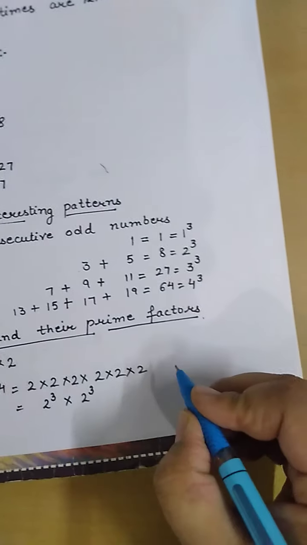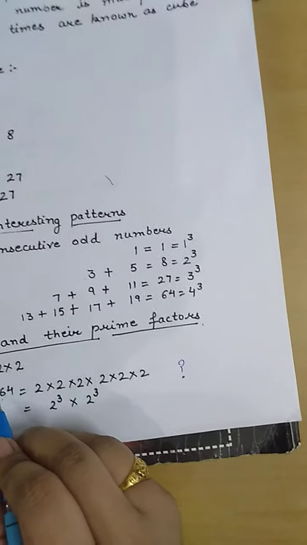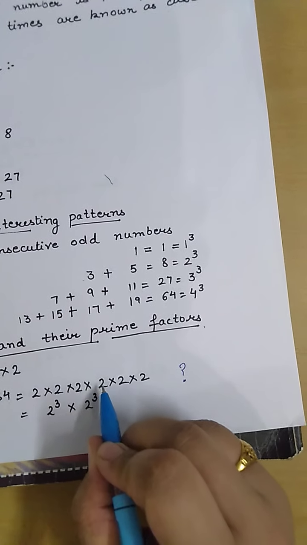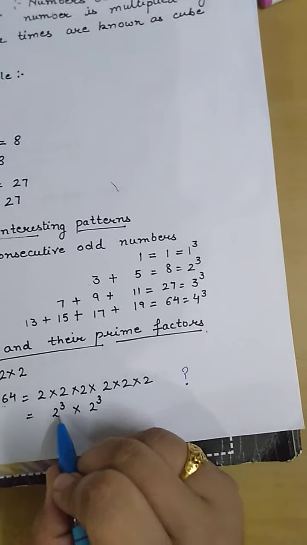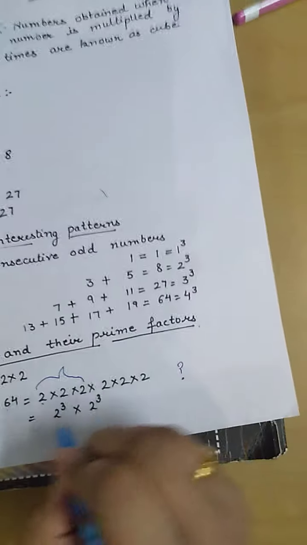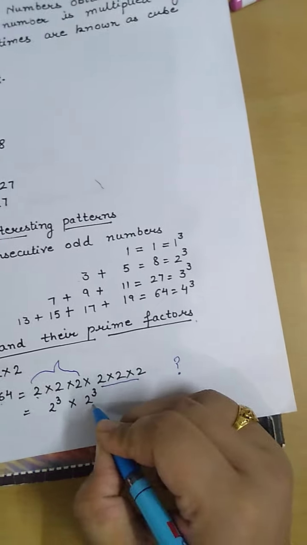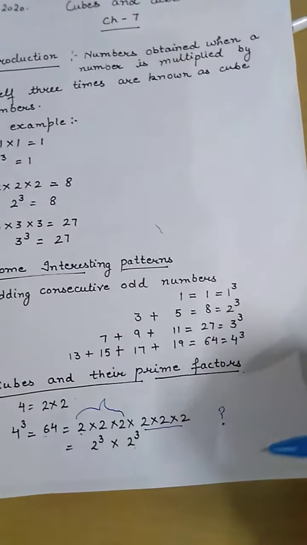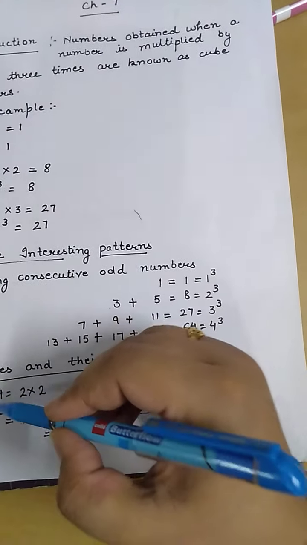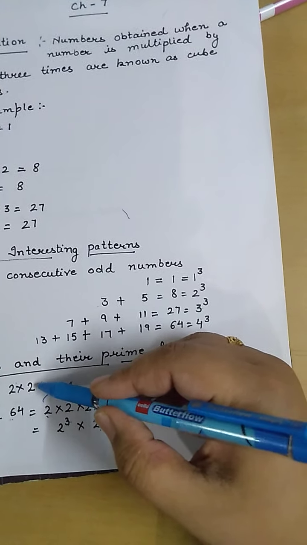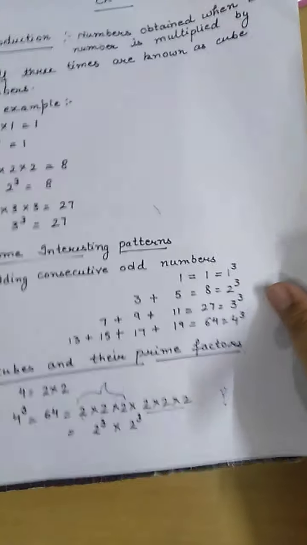You can try this yourself, students. This can be written as 2 cube, these 3 twos, and these other 3 twos will make again 2 cube. Now you can see a relation between them. If I put cube here, cube also comes here and here.